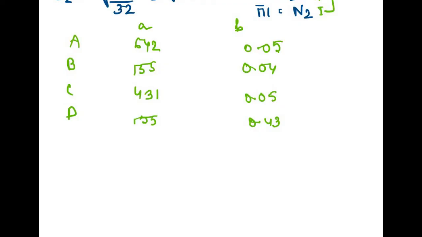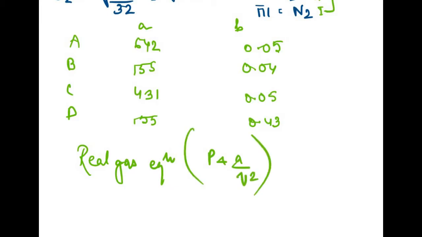Okay, first things first, what do the small alphabets a and b denote? First of all, where do we get the a and b from? From the real gas equation, which is P plus a by V square. I'm considering 1 mole, and I'm removing that term from the equation.